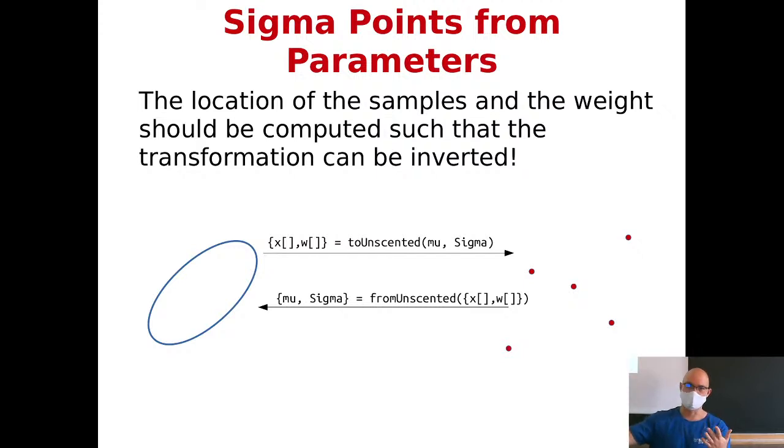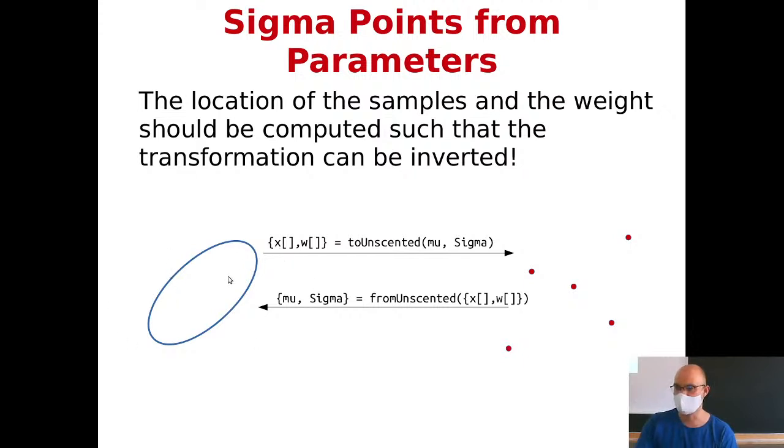So from the sigma points, I want to recover the covariance matrix and the mean. Then I should get the very same mean from where I started. Otherwise, I'm going to make some mistake. And so we will talk about these two directions.